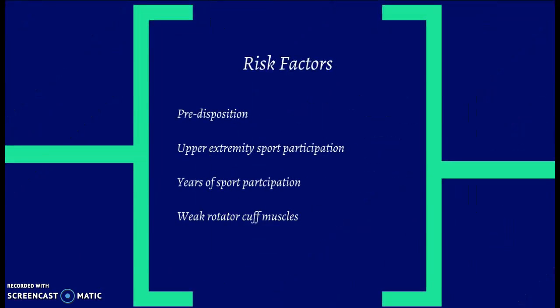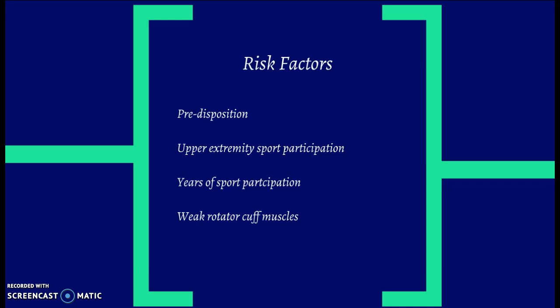Some risk factors you would identify in somebody with multidirectional instability could be predisposition, so they're relatively thin and lack any supporting structures or have some sort of weak ligamentous disorder. Their upper extremity sports participation would be a risk factor.